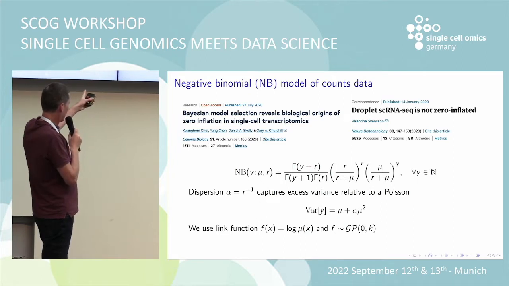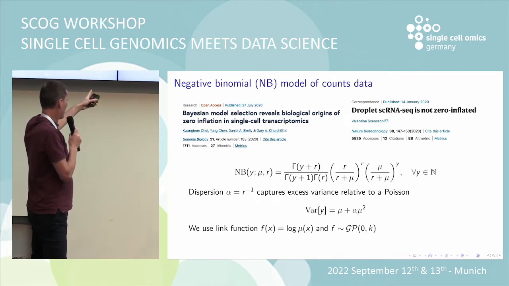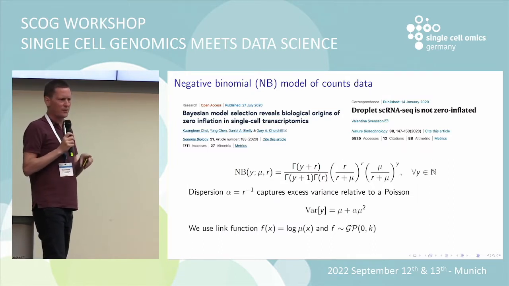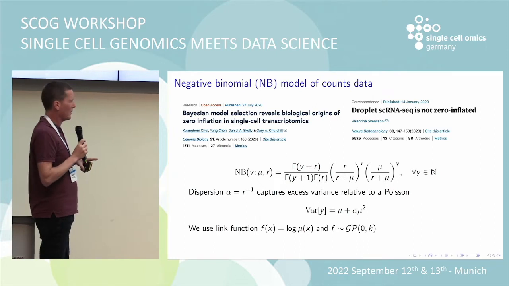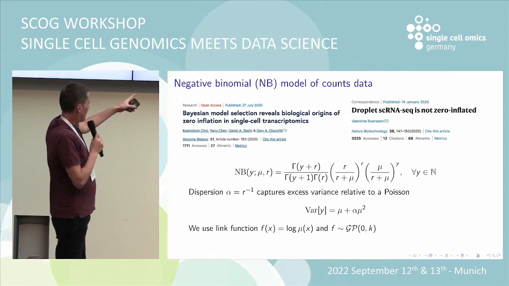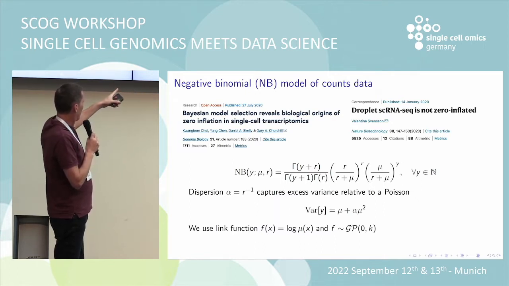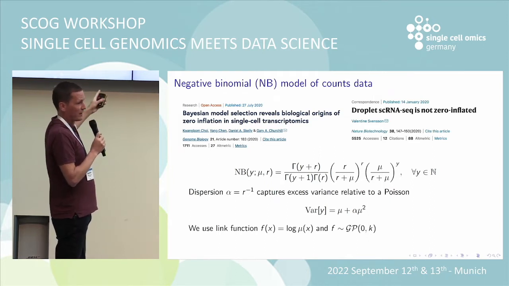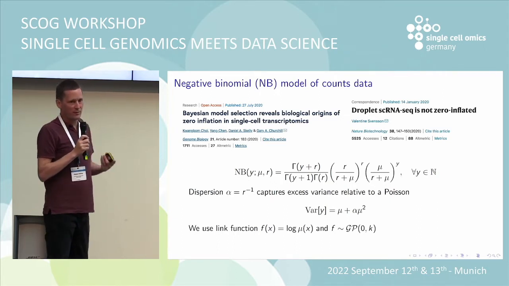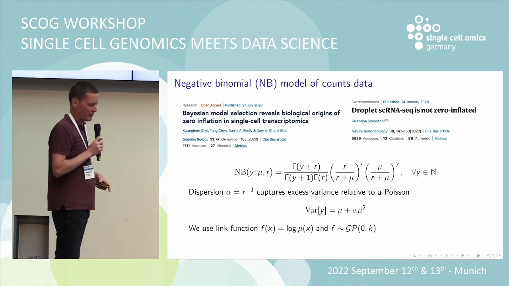In our GP counts package, we use a log link function, but Socrates here has started using a softplus, which is a slightly different link function. And so F comes from a Gaussian process, and then you model the mean of the data as the exponential of F. So the inverse link function is the exponential of F. And you put that into your Gaussian process package, and then you have to use some variational inference because the inference is no longer exactly tractable.